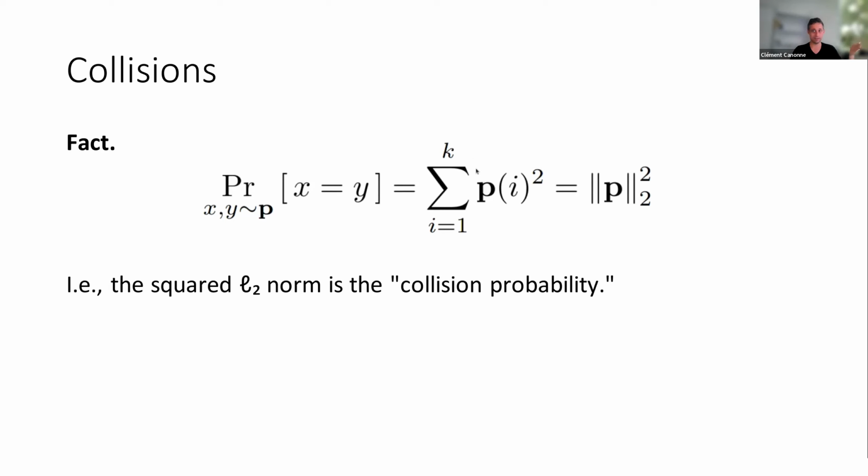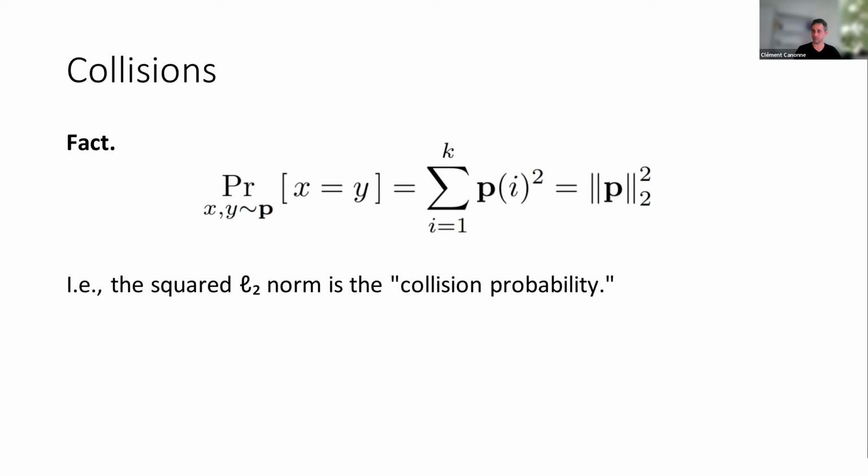And you can check, since those two things are independent, you get this. And this is exactly that quantity I want to estimate. So the squared L2 norm of the distribution is commonly known as the collision probability for that distribution. It's also related to the Rényi entropy of order 2, if you take the log, but I don't really care about that myself. But collision probability is nice to understand.